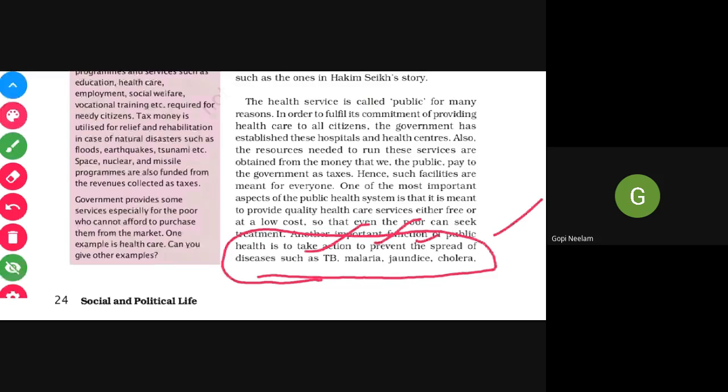How effectively it is happening is a very big question. On paper everything will be very clear: this is the responsibility, this is the priority, everything will be written. But how effectively it is happening in reality is what matters. You are already observing everything that's happening in your area.